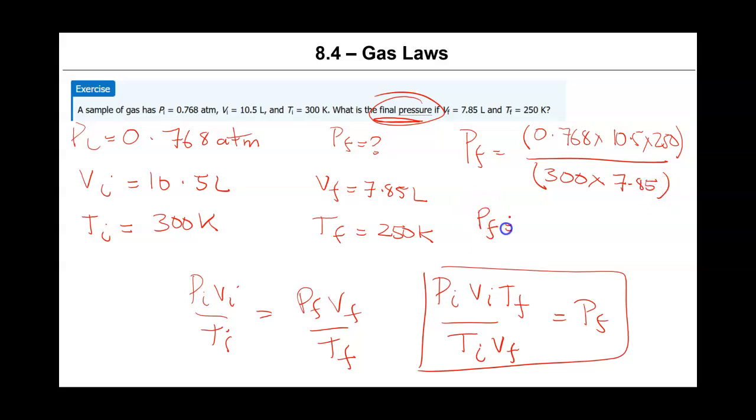So P final equals, parentheses, 0.768 times 10.5 times 250, divide, parentheses, 300 times 7.85 equals 0.856. And the units there will be atm to match P initial. So the pressure went up a little bit.